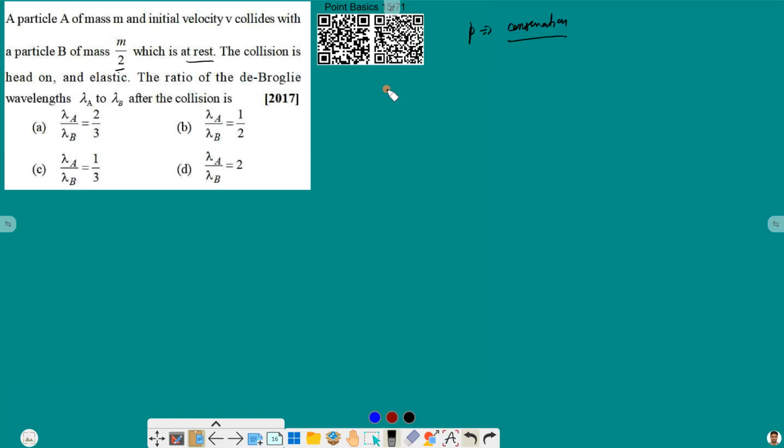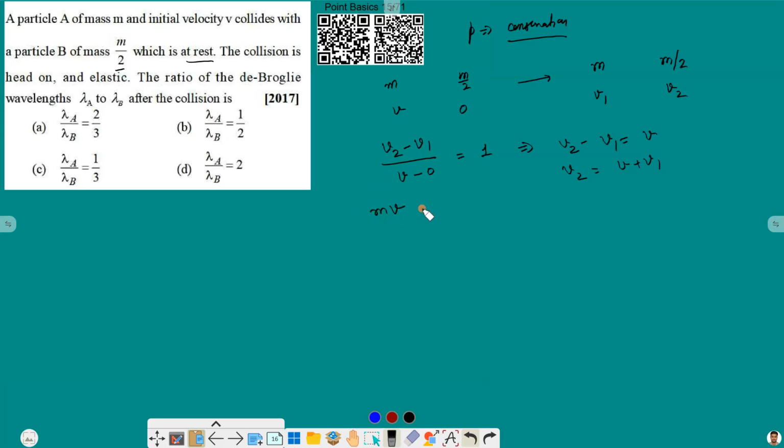Initially we have mass m moving with velocity v and mass m by 2 moving with velocity 0. They collide. So m has after collision velocity v1 and m by 2 has velocity v2 after collision. As it is an elastic collision, the coefficient of restitution will be 1, means (v2 minus v1) divided by (v minus 0) will be equal to 1. So from this v2 minus v1 is equal to v, or v2 is equal to v plus v1. Now let's conserve momentum.